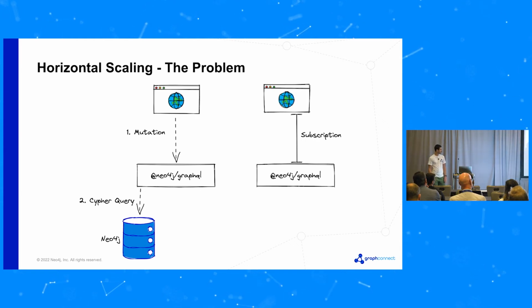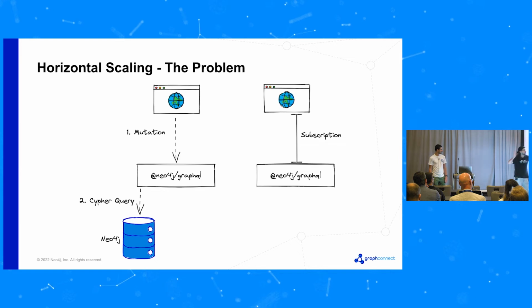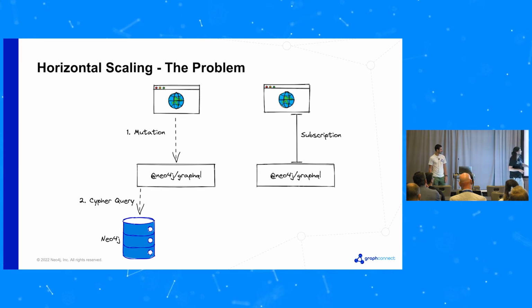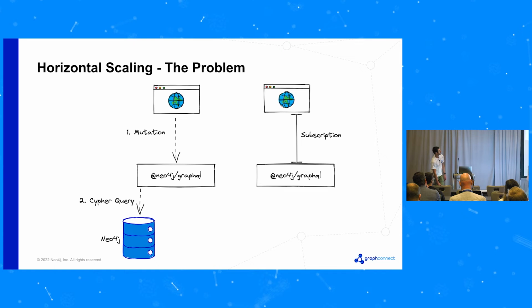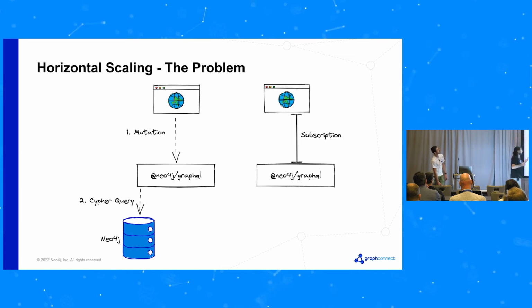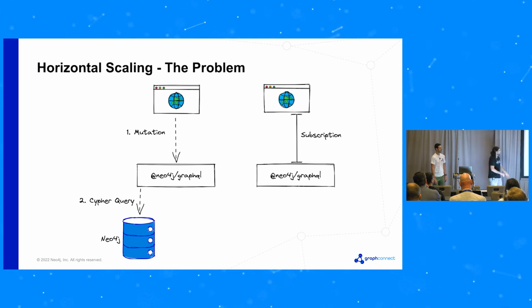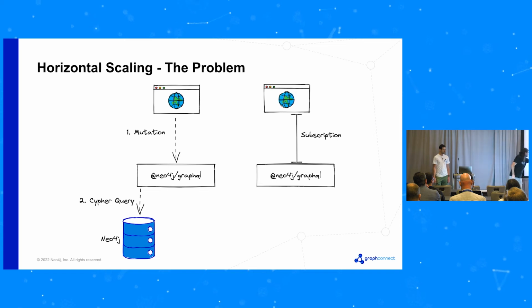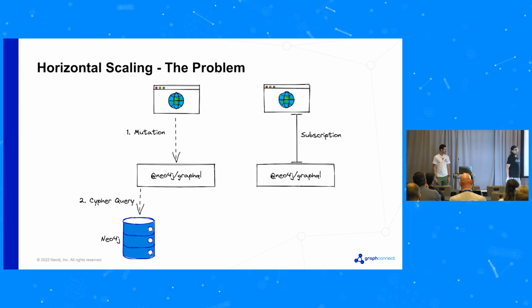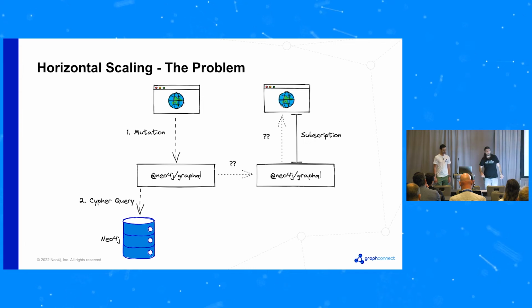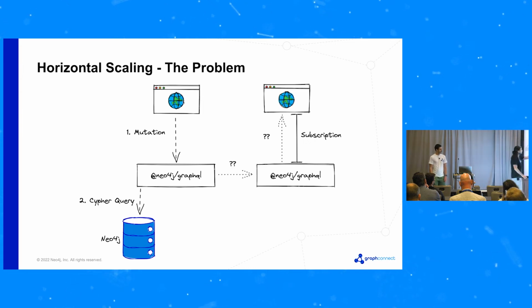One client is subscribed to one of the servers, that's up to the gods of the algorithm to balance, and the second one is doing a mutation. However, they're doing it on a different server. The mutation will come through, it will do the update in the database, and it will retrieve all the metadata. The other server just doesn't know anything about what's going on. So we are missing some kind of connection here. How do we solve that?